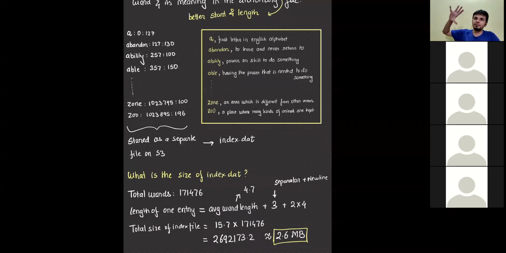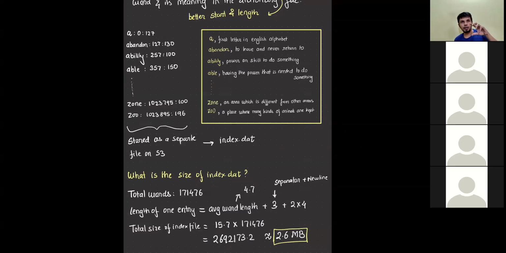So a massive looking dictionary, which was 1 terabyte big, think of it like an encyclopedia. This was a massive encyclopedia where there are only 171k words, but the elaboration of each word is humongous, a lot is written about that word, which is why the meaning becomes too long, but the number of words is short, right?